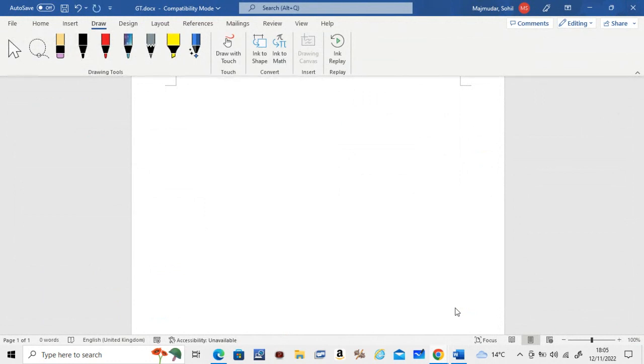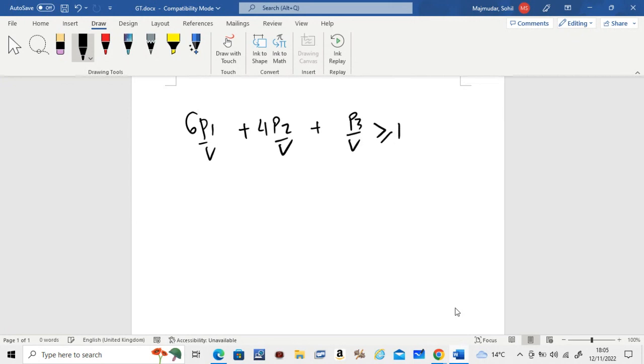So divide everything by V, we get 6P1 over V plus 4P2 over V plus P3 over V bigger than or equal to 1, minus P1 over V plus 7P3 over V bigger than or equal to 1, 5P1 over V minus 4P2 over V plus 10P3 over V bigger than or equal to 1.